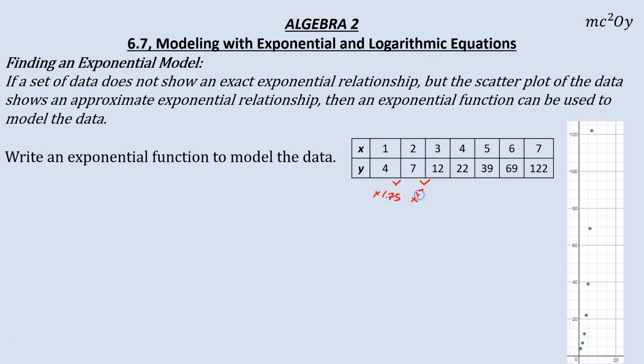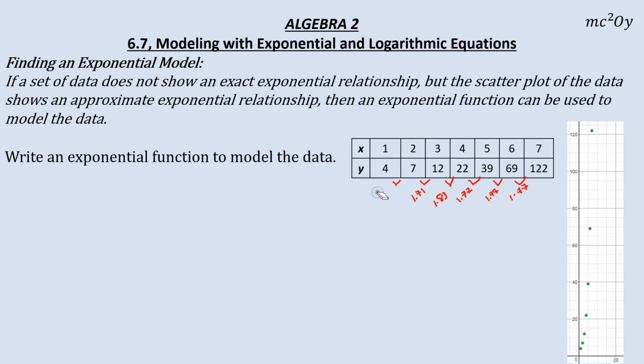Here I'd be multiplying by like 1.83. Here I'd be multiplying by 1.77. Here it's 1.77 as well, and here it's 1.77 also. So it's pretty close to about 1.77 that you're multiplying by.